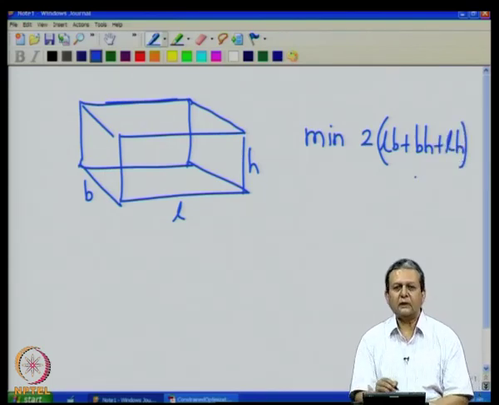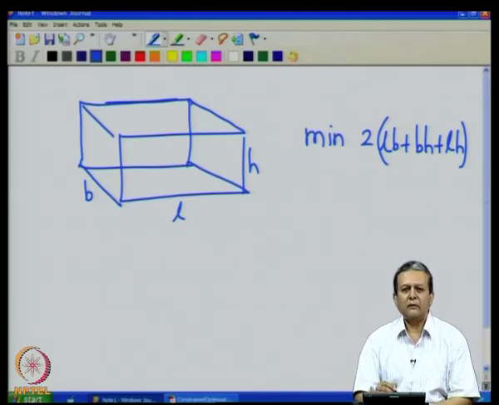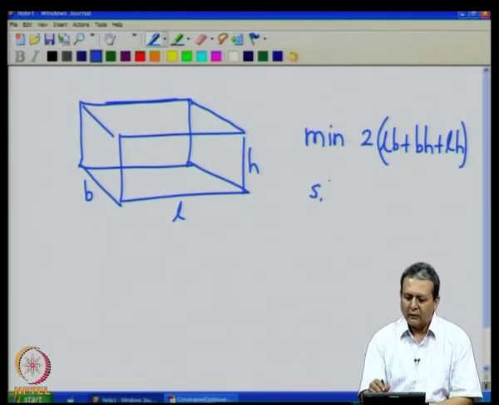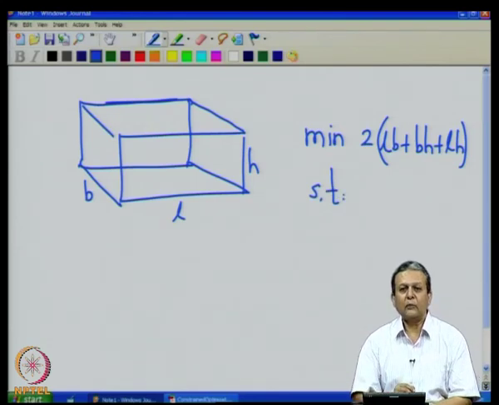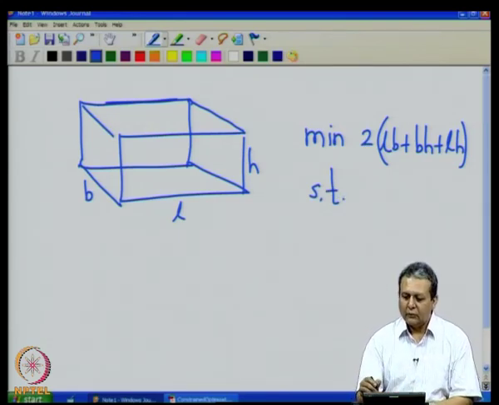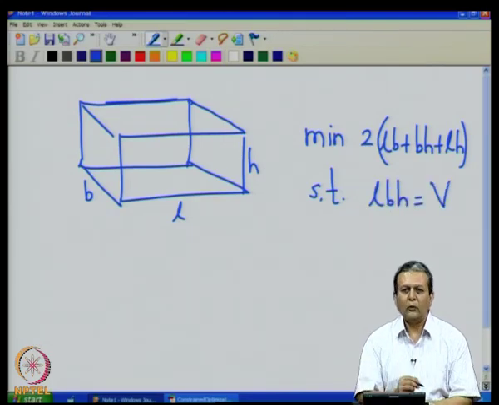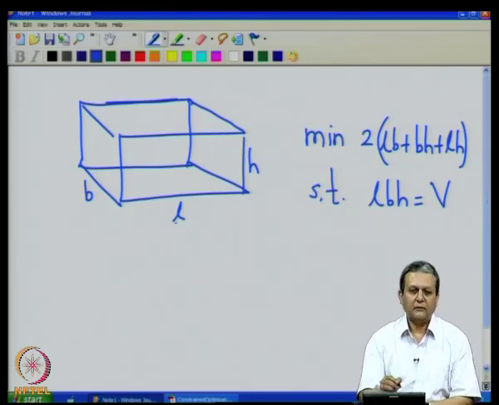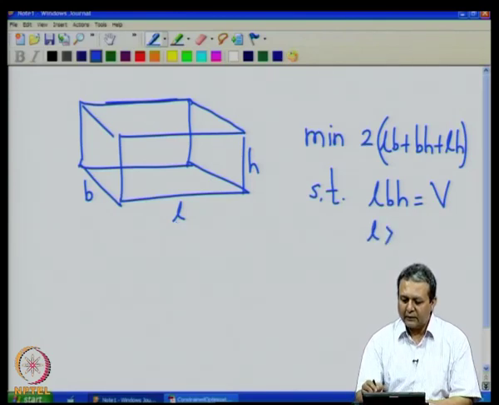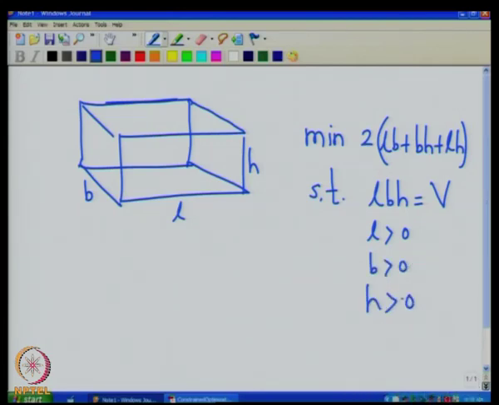Now, this is the surface area, and the constraint that we have is that it should accommodate a certain volume V. So, LBH should be equal to some volume V, and the variables here are strictly positive quantities. So, we can say that L is greater than 0, B is greater than 0, H is greater than 0, and the optimization variables are L, B, H.